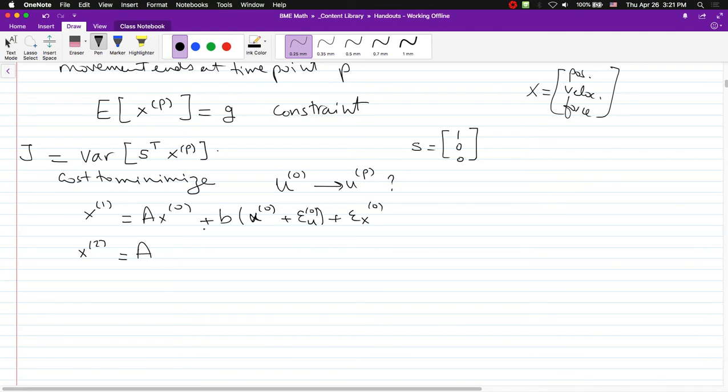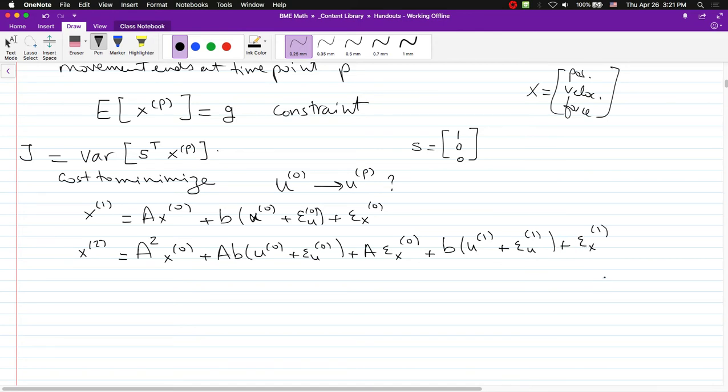Well, that's just a times this, which makes it a squared x at time 0, plus a b u at time 0 plus epsilon u, plus a epsilon x at time point 0, plus b u at time point 1 plus epsilon u at time point 1, plus epsilon x at time point 1.